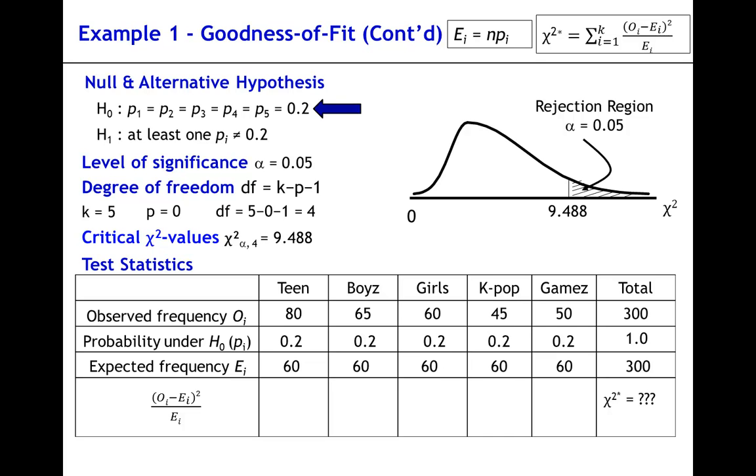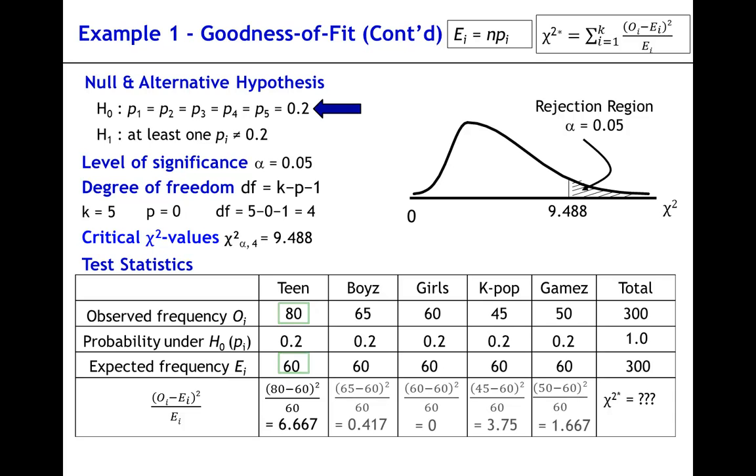For the first category, we substitute O sub i with 80 and E sub i with 60 to get 6.667. Do the same for the other 4 categories. Finally, to get chi-square star, add the whole row together to get 12.5.